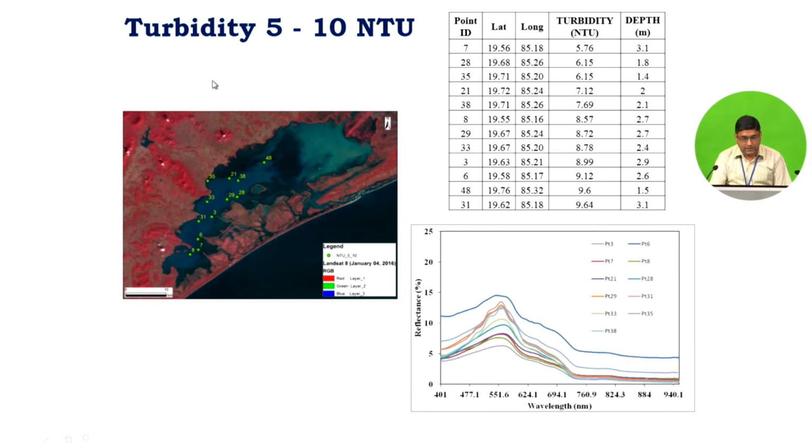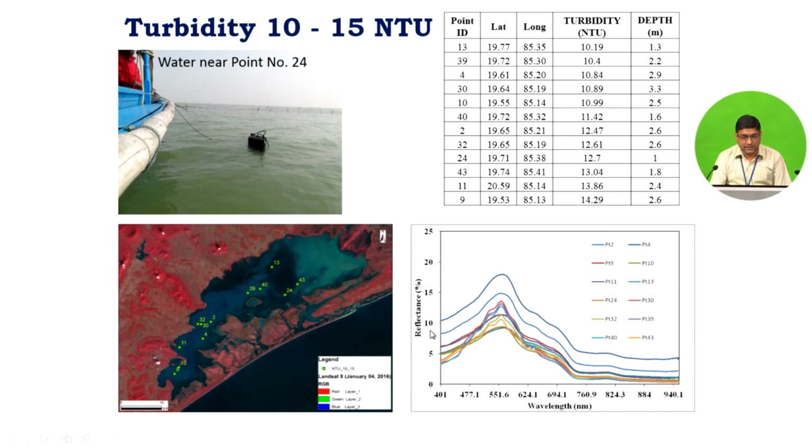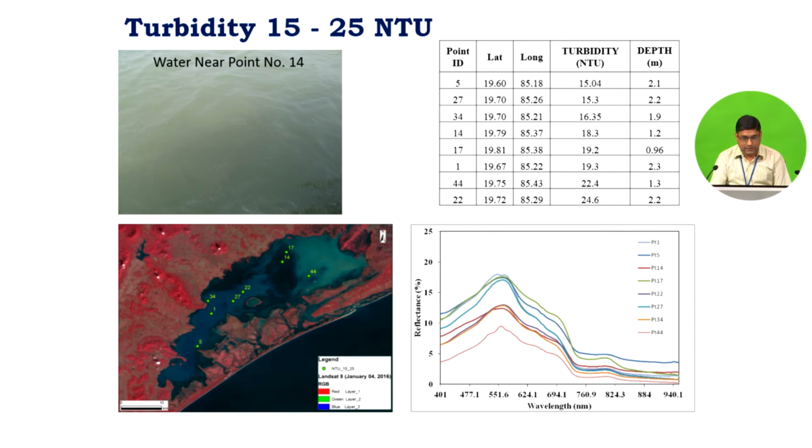So here you can see the spectra of turbidity between 5 to 10 NTU. Now these are the locations of the spectra where the turbidity is 10 to 15 NTU and the corresponding spectra of turbidity 10 to 15 NTU. Similarly, this is for 15 to 25 NTU.